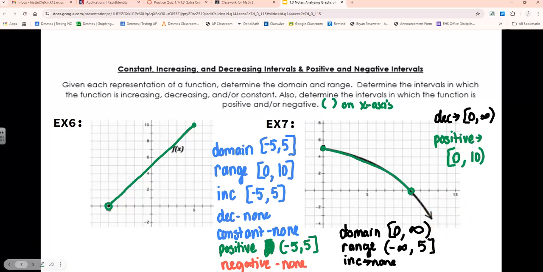So then if I look at negative, right here, it's neither positive nor negative, but it is going to be negative the rest of the time, below the x-axis. So for negative, I'm going to have from 10 to, where does this stop? I may have seen someone mouth negative infinity. Is that correct? It's not, because negative infinity is y coordinates.